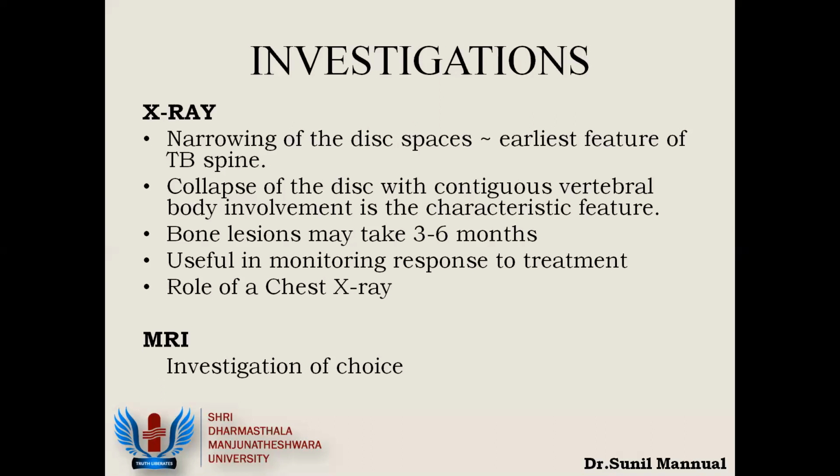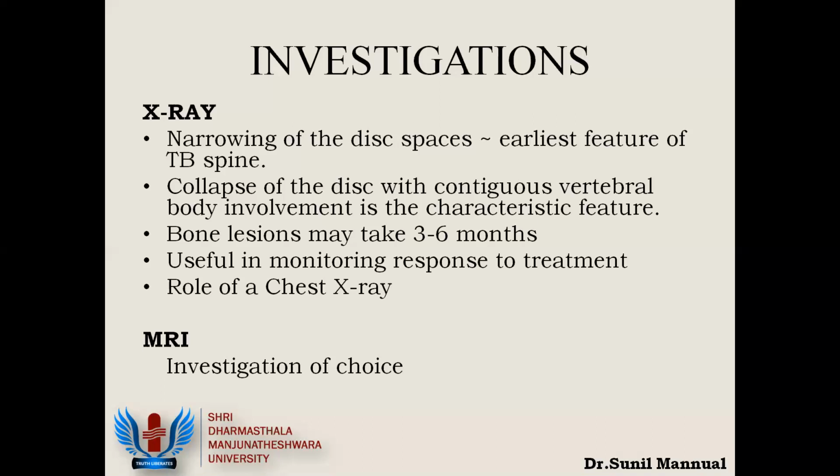And the most important thing is anybody in whom we make a diagnosis of tuberculosis of the spine, we have to 100% get a chest X-ray and a HIV testing. Both 100%. Why? Because tuberculosis of the spine or any tuberculosis in the body could be an indicator that the patient could be having pulmonary tuberculosis. That is point number one. Point number two is the fact that the patient has tuberculosis could be an indicator that the patient could be having some kind of immunodeficiency, and it could be the one checkpoint at which we may be able to detect HIV.